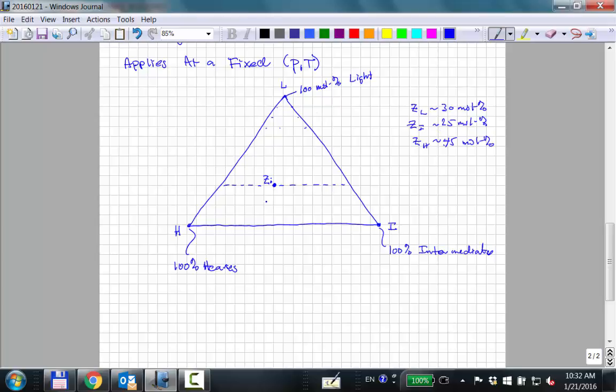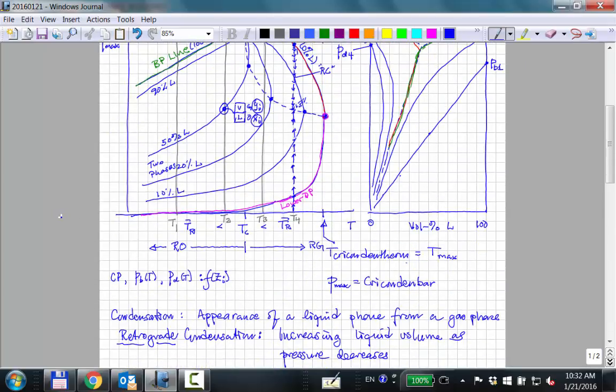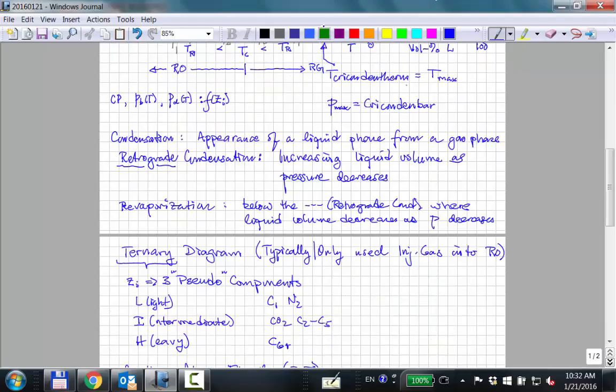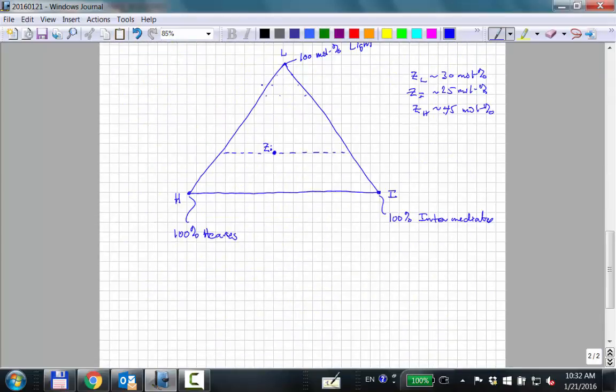Now, the equilibrium oil composition, Xi, and the Yi, we're also going to plot on the figure here. Yi and Xi.